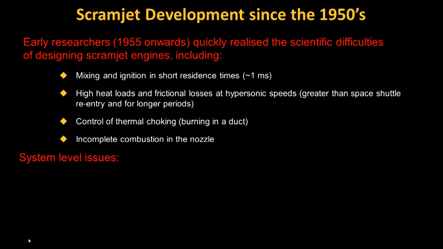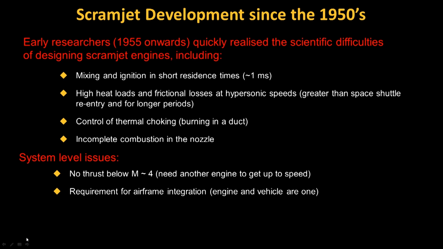The most important of these are, first, scramjets don't work below about Mach 4, so another propulsion system is needed to get them up to operational speed. Secondly, scramjets require airframe integration, where the design of the engine and the vehicle are intimately connected, and I'll talk more about this soon.